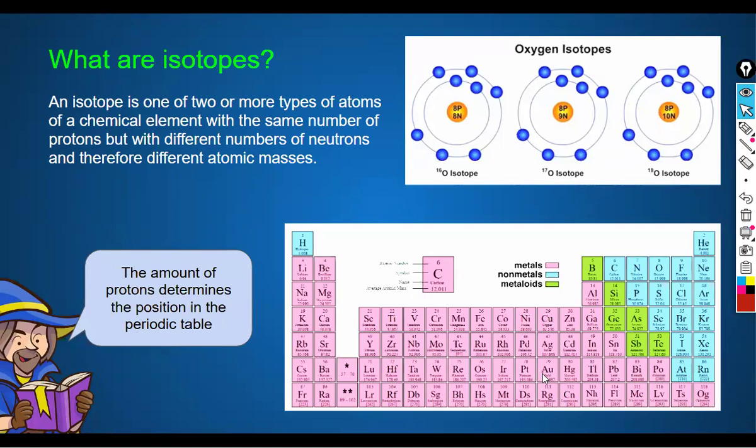The protons, the electrons, or the neutrons? Back to my original question. What determines how you name an atom? The protons, the electrons, or the neutrons?